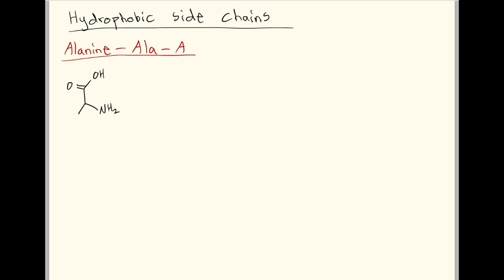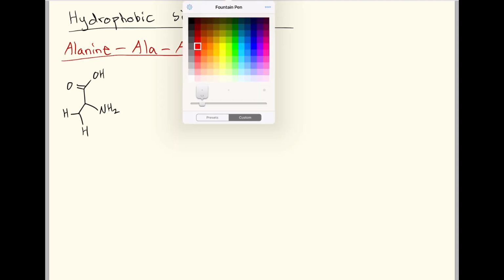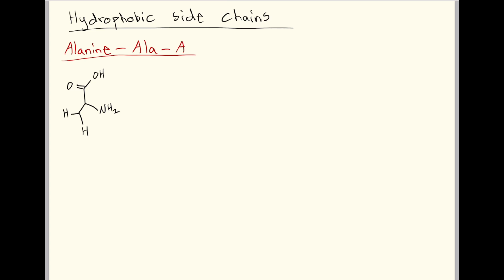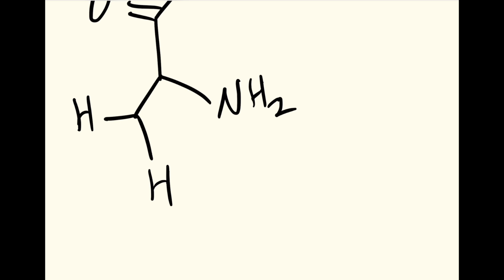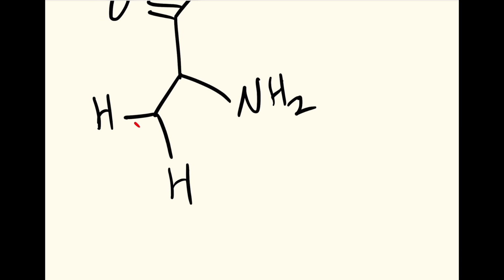Now, the way I memorize alanine is by drawing out your H's as such. And right here in between the H's, I'm going to zoom in, you draw dashes in between.